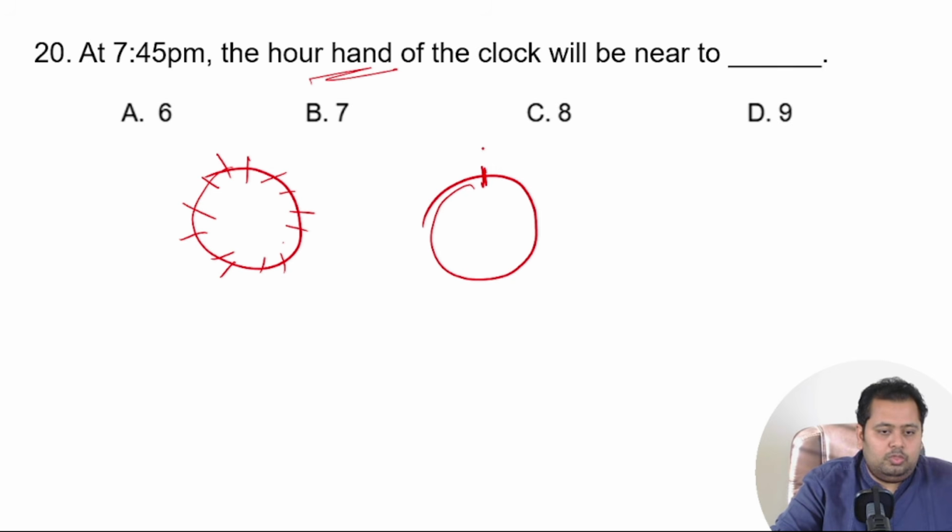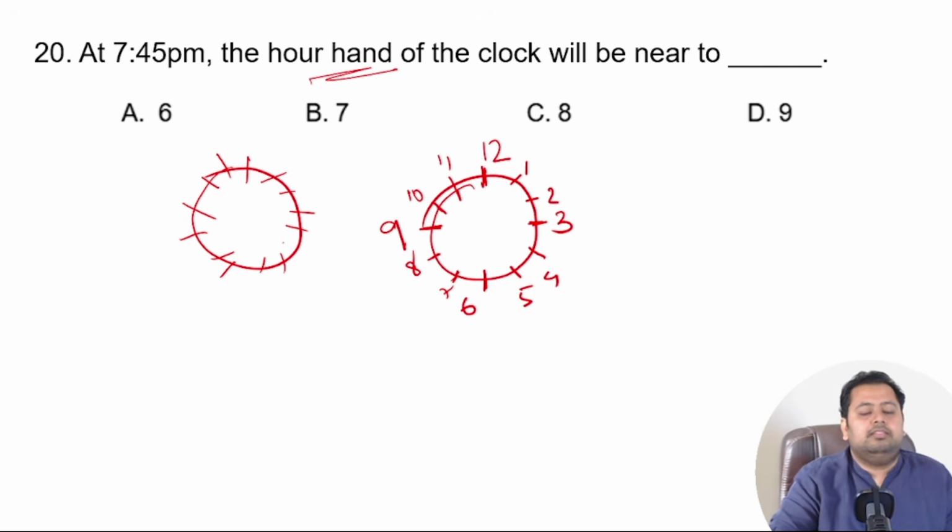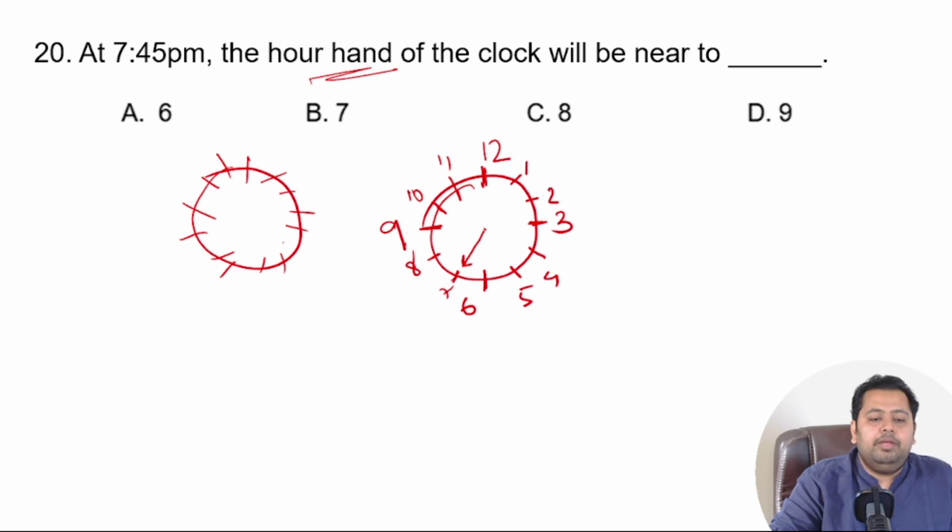Say this is 12, this is 3, this is 6, and this is 9. Now say this is 7, this is 8, this is 10, this is 11. I'm really sorry, my drawing is not that good. So say this is the clock at 7 o'clock, right? At 7 o'clock, the hour hand will be closer to 7, correct?